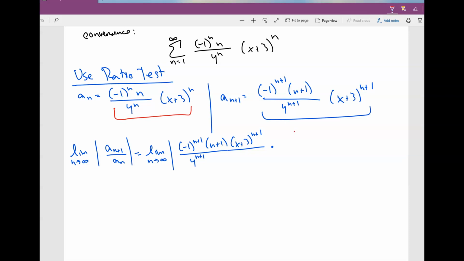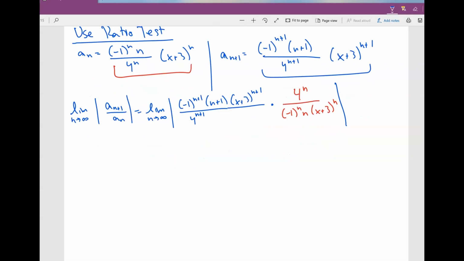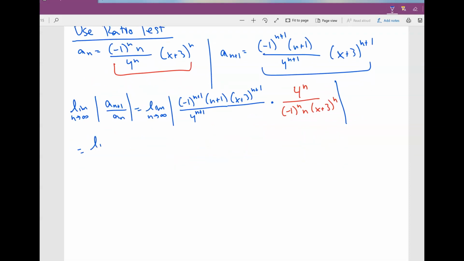So you're going to have the 4 to the n on top, and then everything else on the bottom. So -1 to the n, x plus 3 to the power of n. Okay, and then I'm going to finish up this.